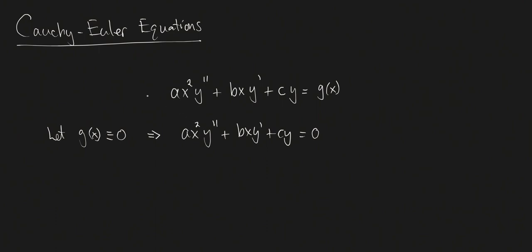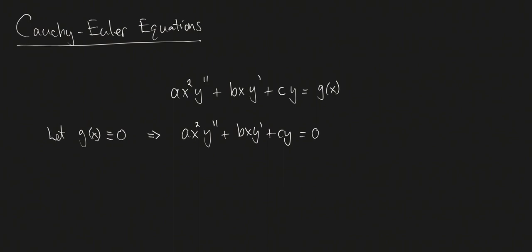And what makes it a Cauchy-Euler is that the power of the x is equivalent to the order of the derivative, right? So it's really this key thing here where you have the first power of x times the first derivative of y. And then here you have the second power of x times the second derivative of y. So that's what really defines a Cauchy-Euler equation, right?